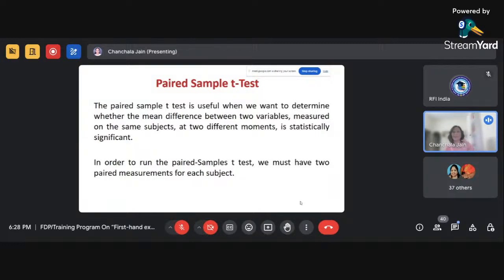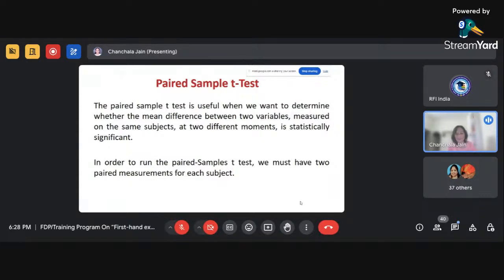Pairing is possible when we take the same subject in both the samples, and the time will be different for the two samples. For example, suppose in this FDP I initially conducted a quiz to understand the knowledge level of my participants in SPSS or statistics.